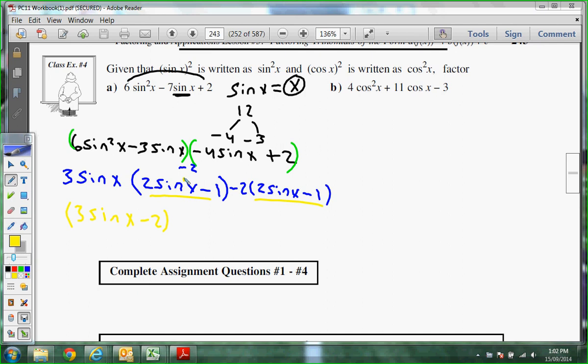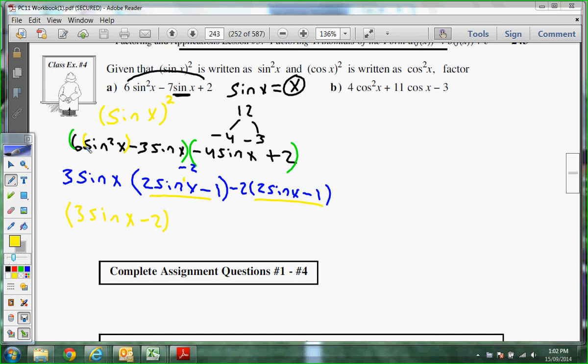In trigonometry, when you're writing this, they write it like this, and it does mean the group squared. So what her hang-up was, if you're just catching up, is that she wondered about the sine squared, not the x. Well, in trigonometry, that's just how they write it when it's actually the whole thing.